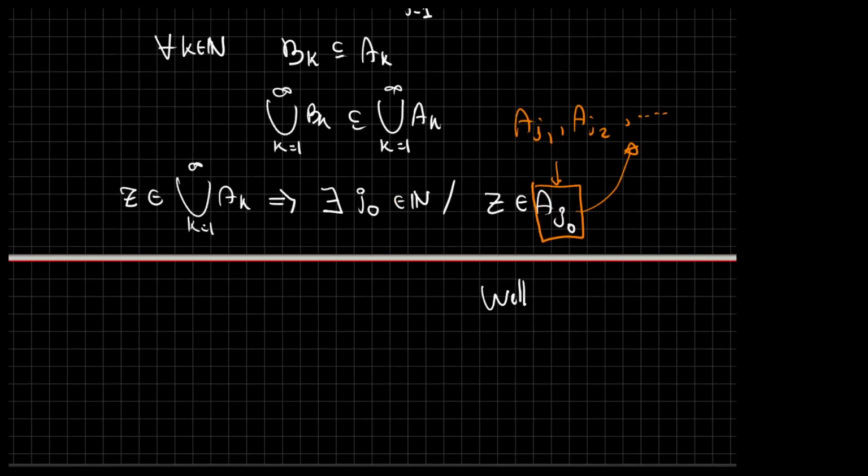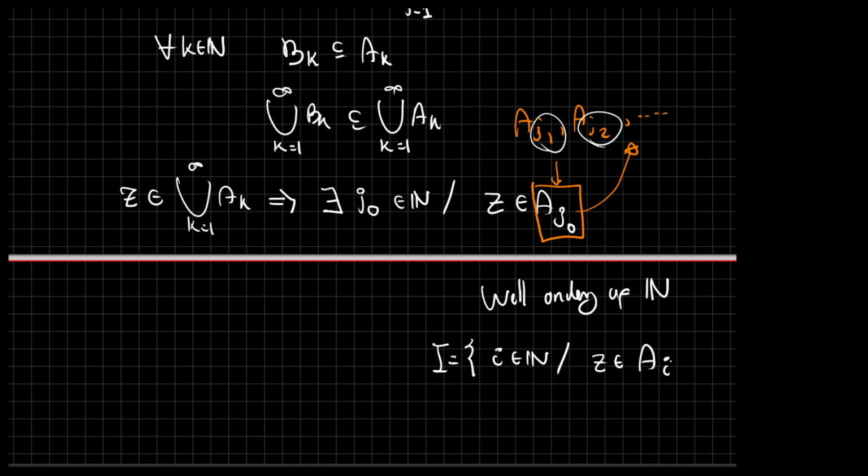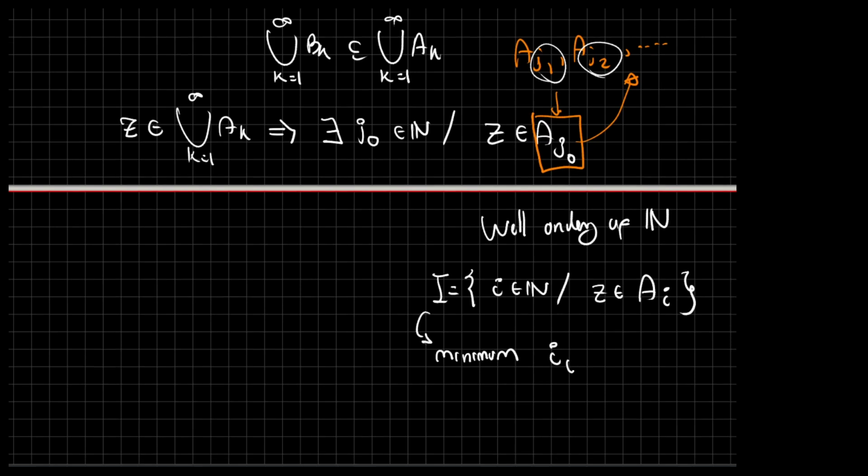But you know that the natural numbers are well ordered, so by the well ordering of the natural numbers, you can order these indexes and take the minimum of these indexes. So if we have a set here from the naturals such that zeta is in A here, you can have the minimum of this set. So this minimum will be, I don't know, k naught.